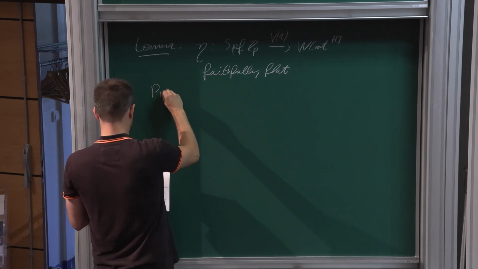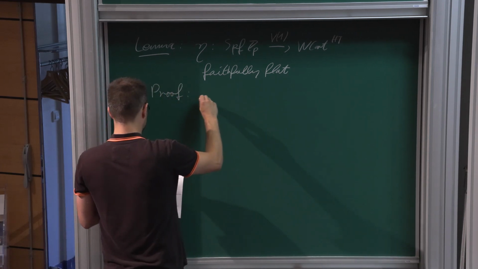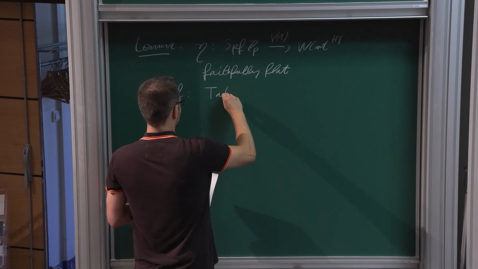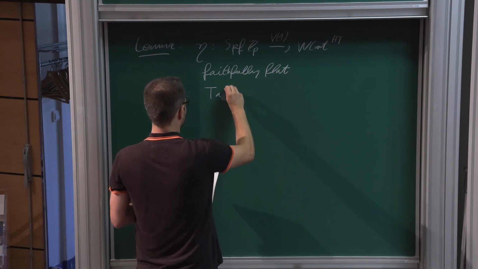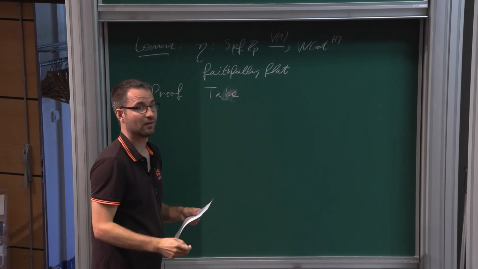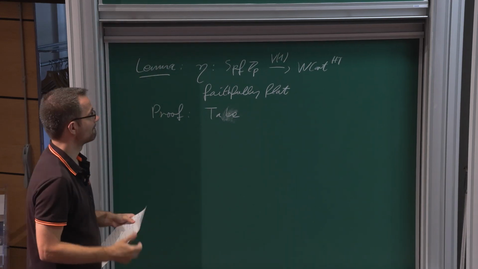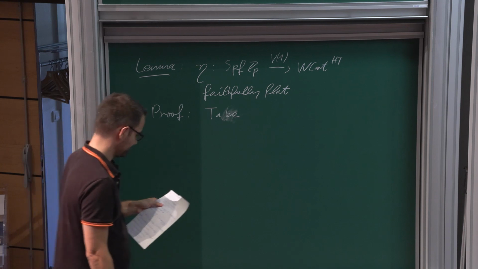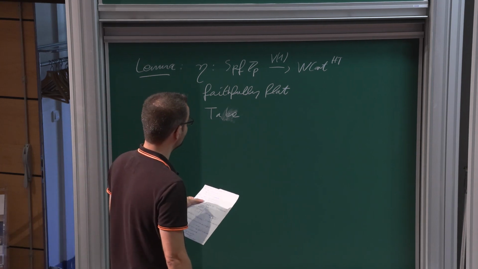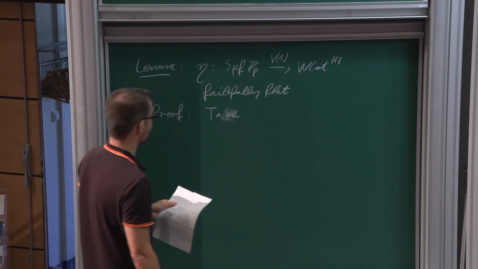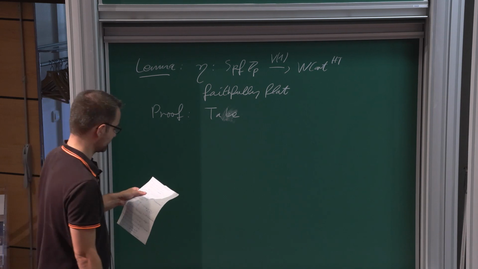And the proof works as follows. Okay, so in order to check that this morphism is faithfully flat, what do we have to take?